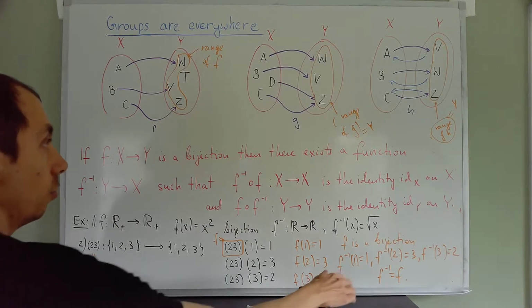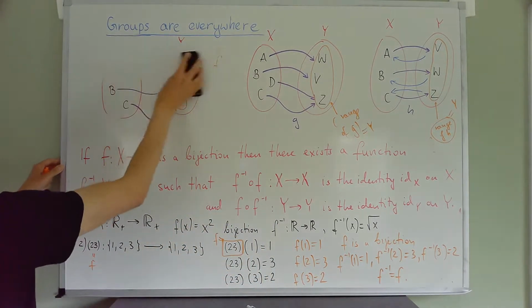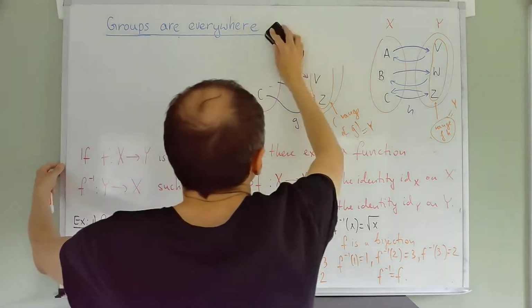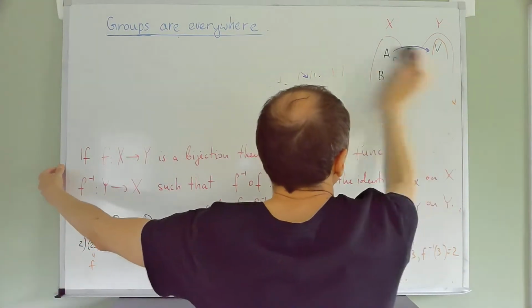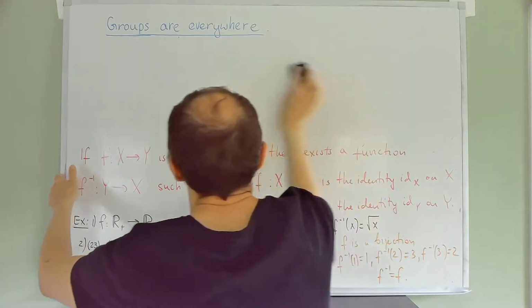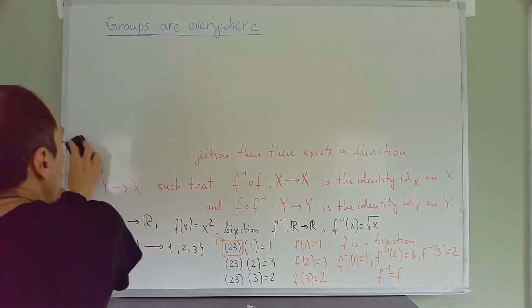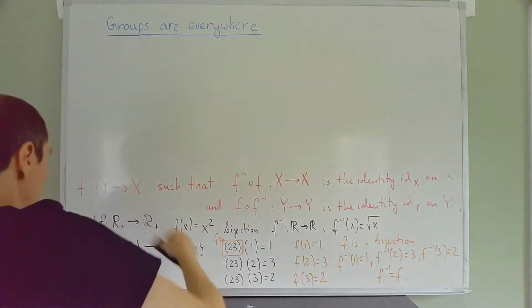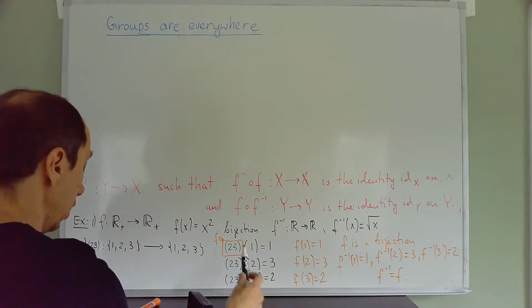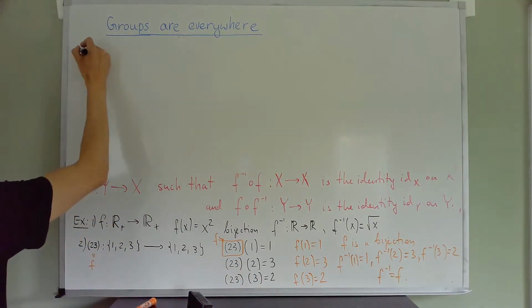Okay, so why am I talking about functions? In particular, why am I talking about bijections? Because the bijections are what really interest me. So here's my example of a group.